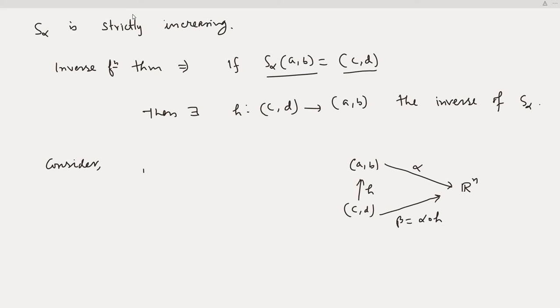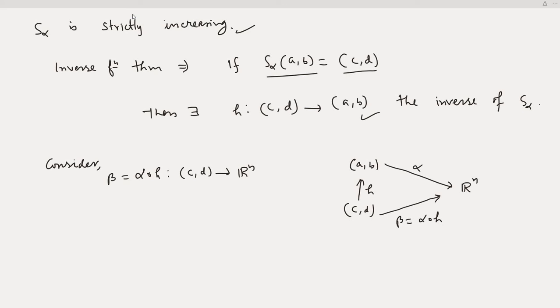This is a curve from the open interval (c, d) to R^n, and we call it beta. As S alpha is strictly increasing, h, the inverse, is also strictly increasing, so h prime of t is greater than 0.